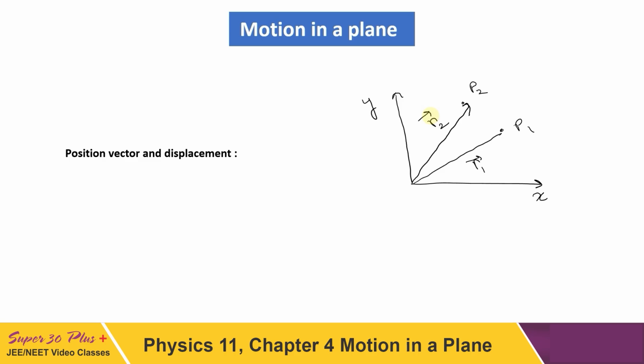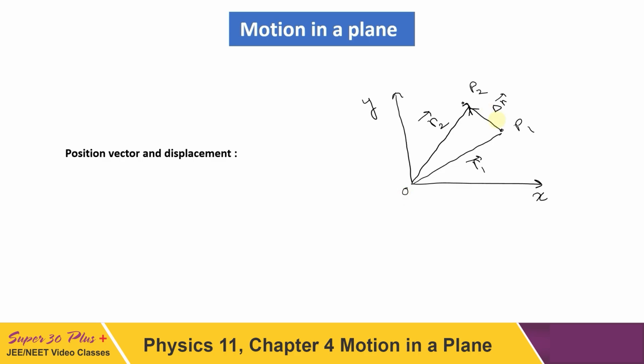Now the particle has moved from P1 to P2. So this must be the displacement vector. What is displacement vector? I think you can recall now. Displacement vector is final position minus initial position, which is irrespective of the choice of reference. Here I had taken reference as origin.